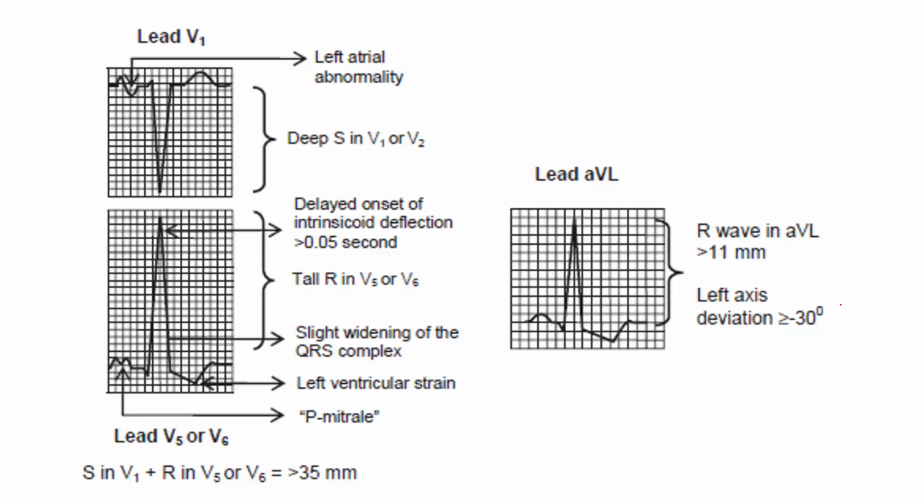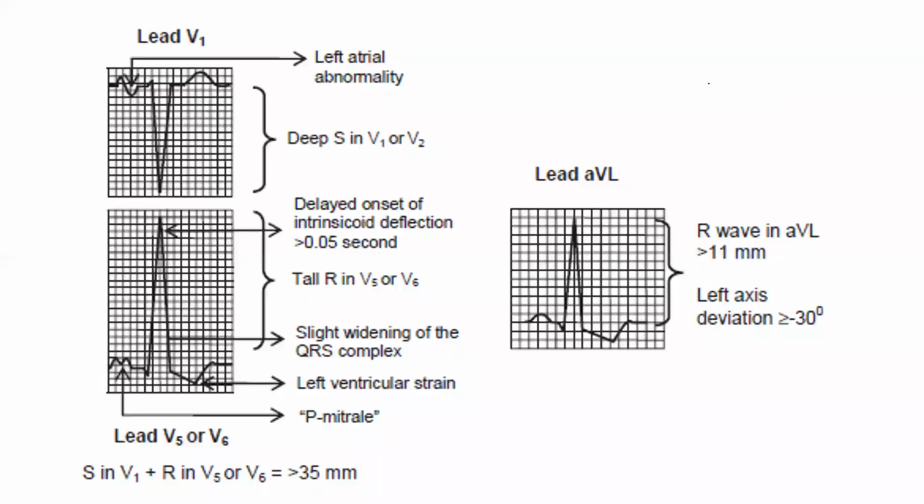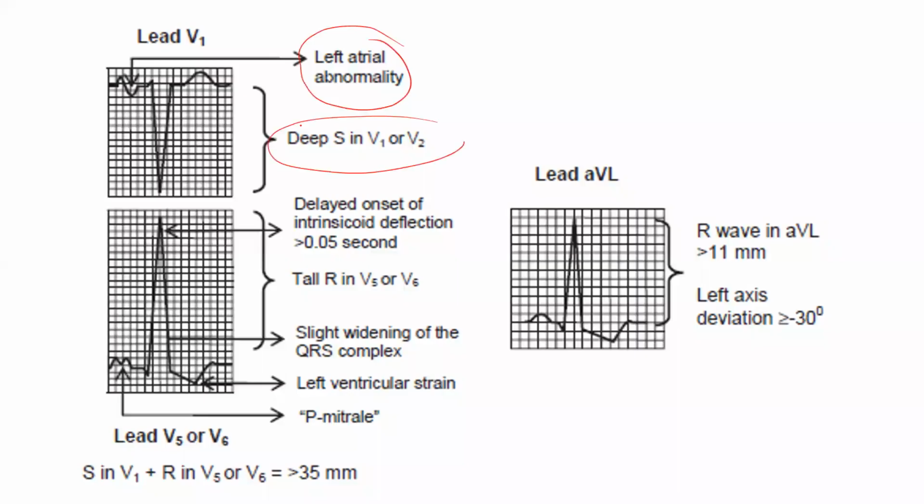But here we cannot always say LVH, because the left axis deviation is not being properly met here. Okay, the criteria is here. Left atrial abnormality, is there anything? See in this, negative wave is more predominant than positive. Then deep S wave in V1 or V2.